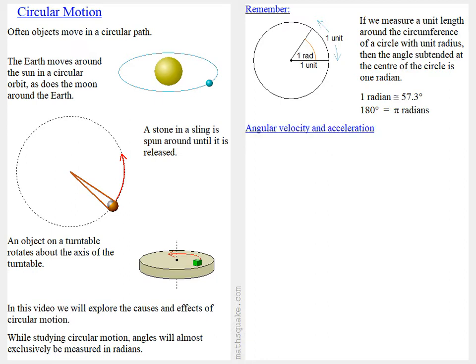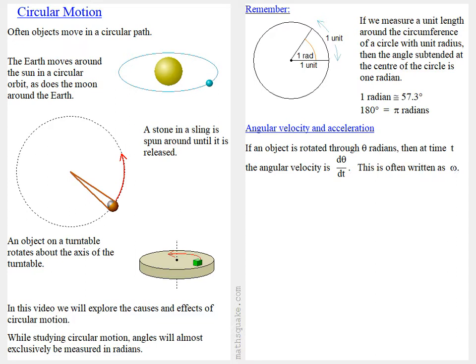Let's have a look at angular velocity and acceleration. If an object is rotated through theta radians, at time t, the angular velocity is d theta by dt. This is often written as omega. We also often use Newton's notation for differentiation.